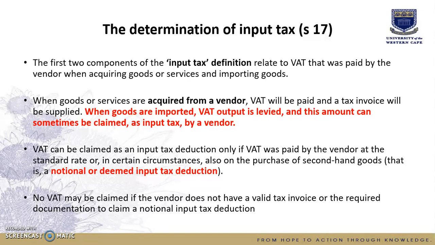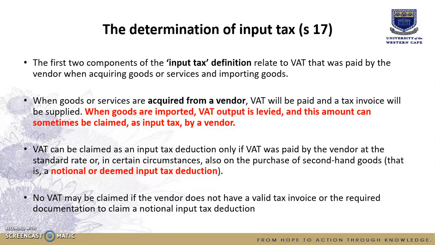Because customs was then the middleman between us and SARS. And that amount can sometimes be claimed as input tax by a vendor. So in other words, I paid the output tax, but I can then immediately claim it back as an input because I am a VAT vendor.